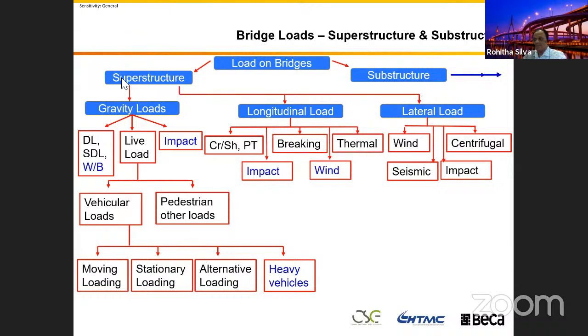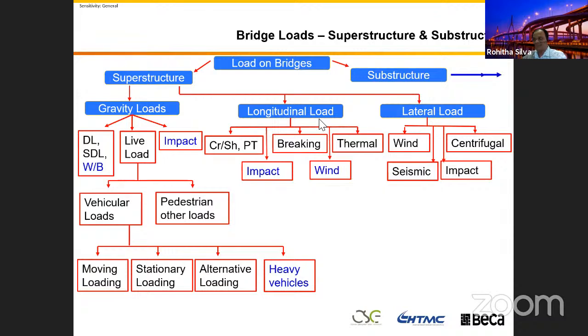When you get a bridge superstructure, we categorize the loading into 3 different groups. One is gravity load, of course. And we call the longitudinal load that which is on the bridge deck. Longitudinal in the sense that the traffic is, the bridge we span, most of the bridges, maybe 99.5% of the bridges, we span in the direction of the traffic.